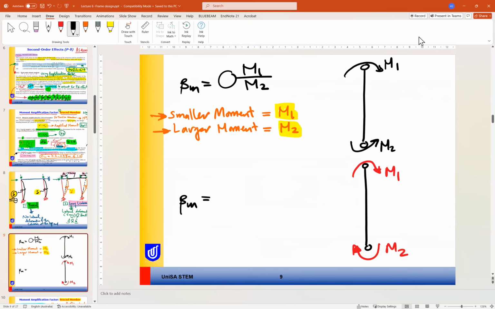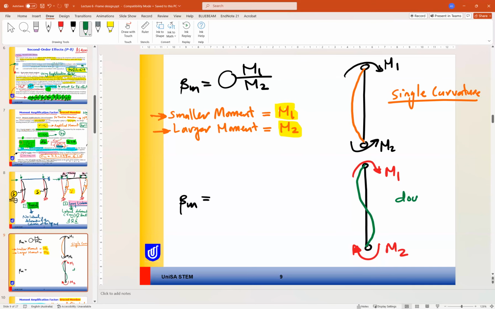If we look at the curvature of this moment, when you bend this one, this is single curvature. For the other case, we have one moment bending in this direction and one moment bending in this direction, so it will bend like that.